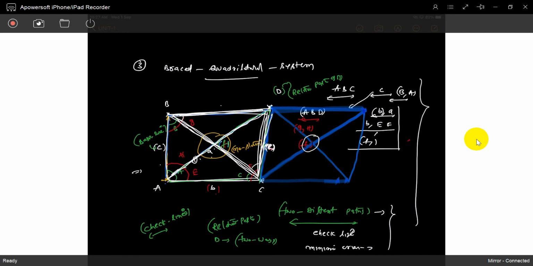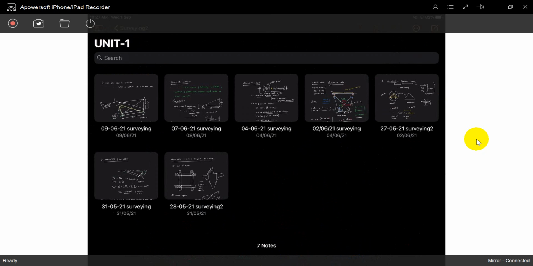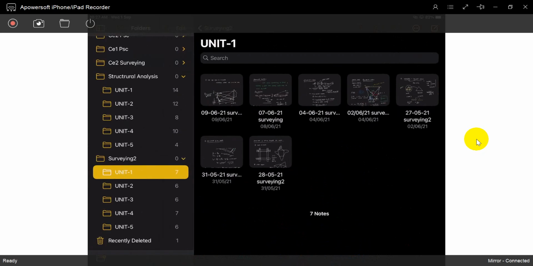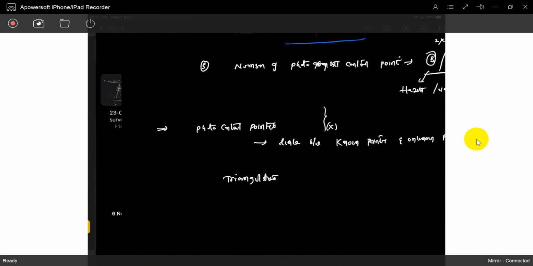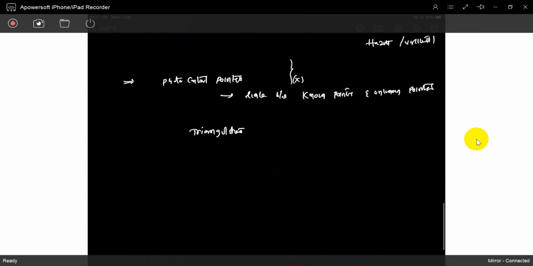That is the basic motto of triangulation. Same thing here: photo control points can also be fixed based on triangulation, so that's why it is called aerial triangulation.